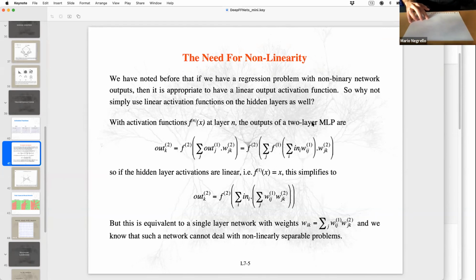Next page. If there are nonlinearities, the combined product of, say, this multi-layer network, and it has 3 units so that I don't have to draw a lot. This set of connectivity here is going to be one matrix. This set of connectivity here is going to be another matrix, and this set of connectivity here is going to be another matrix.